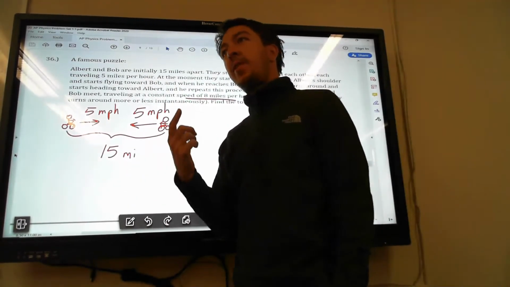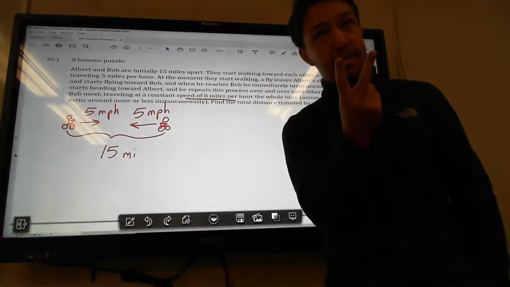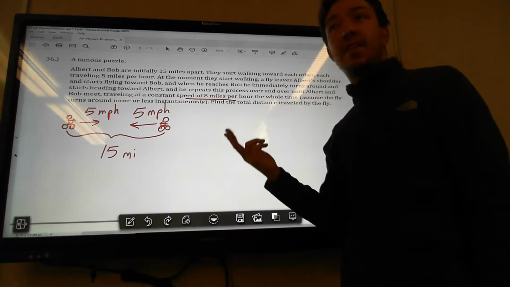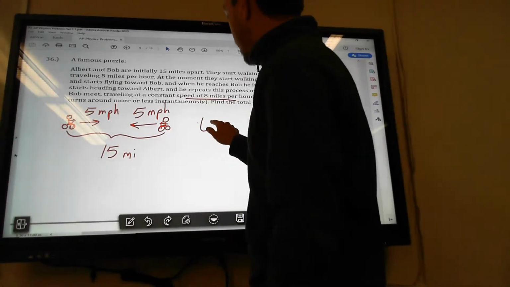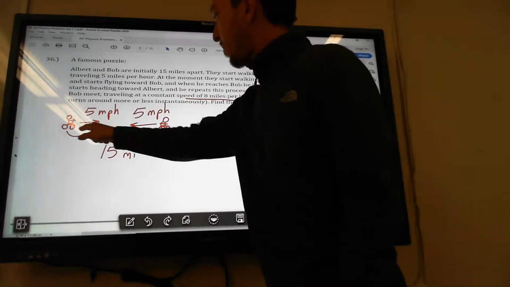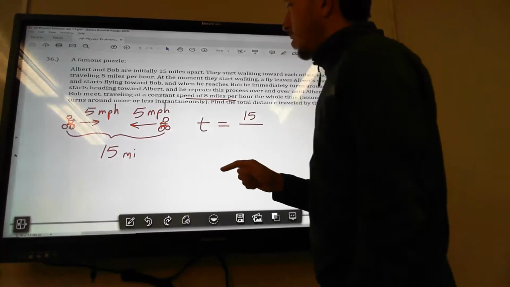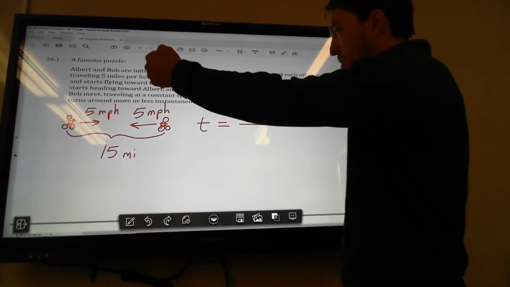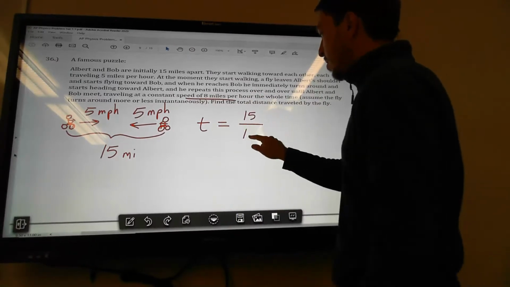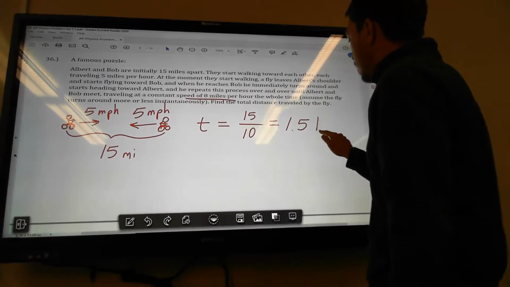So if we know how long the fly is flying for, and we know how fast the fly is traveling, then we would know how far the fly had traveled. The total time involved here would be the total distance, 15 miles, divided by their combined speed, right? So what's their closing speed? 10. So they're going to be riding toward each other for 1.5 hours.